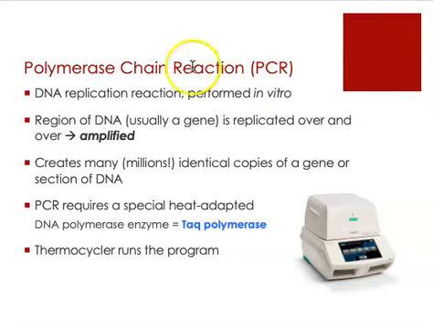Now, what we do in PCR is we have a region of DNA that we're interested in. Usually, it's a gene. And we're going to use our in vitro DNA replication system to make copies of this gene of interest over and over and over and over again.